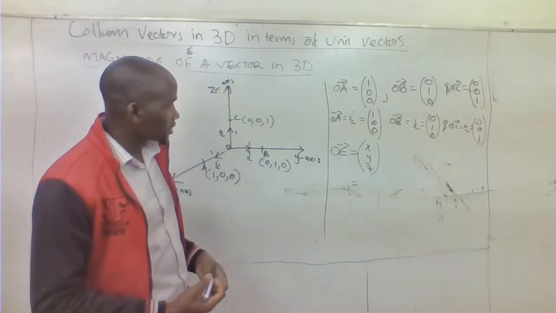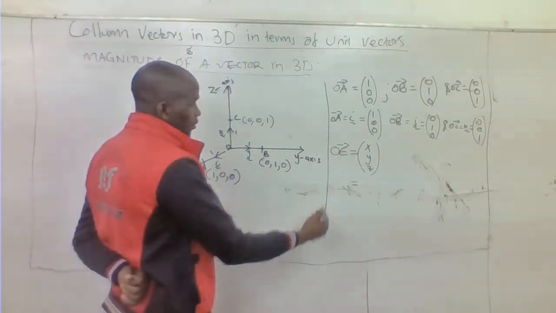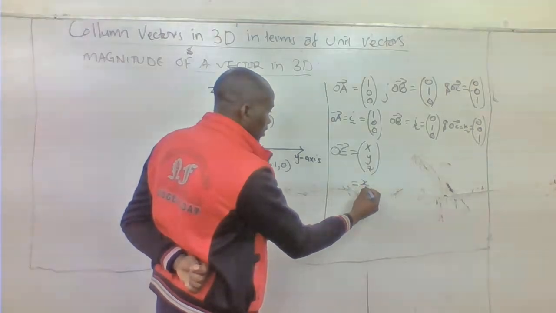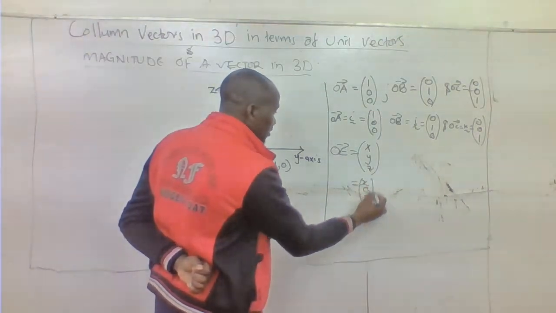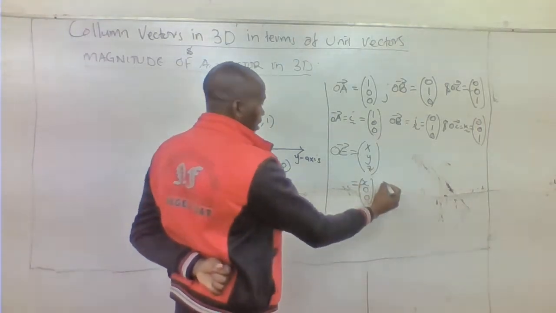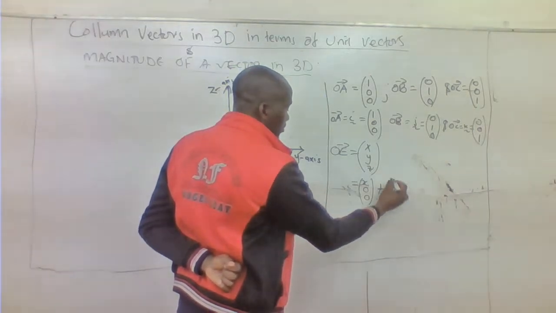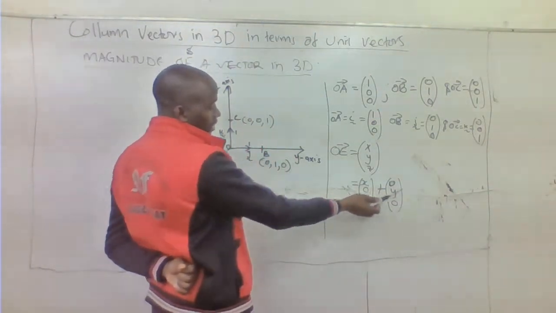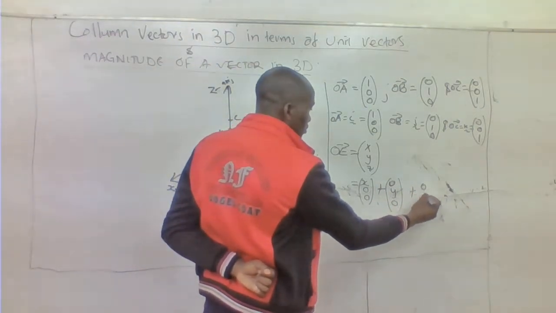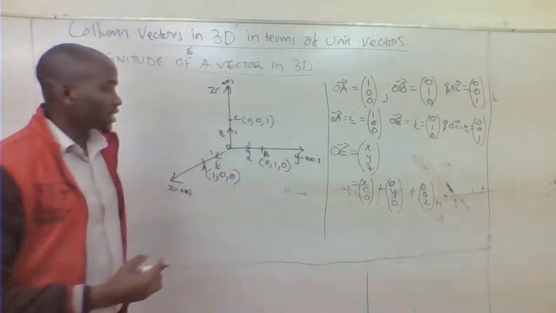So how do we express this vector OE in terms of unit vectors? This one can also be written as x times 0, 0, that is the displacement along the x-axis, plus 0, y, 0, that is the displacement along the y-axis, then plus 0, 0, z, that is the displacement along the z-axis.